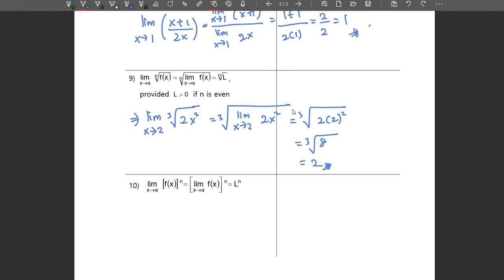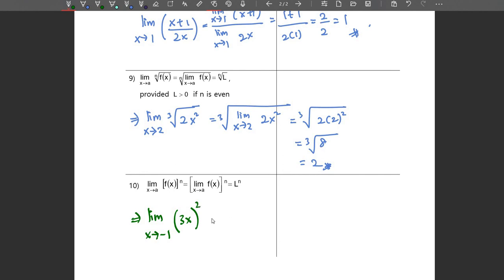And then the last one is this one. The limit of f(x) to the power of n as x approaches a can also be factorized like this, where the answer will be L to the power of n. For example, a simple example for you to look at: let's say we have the limit as x approaches negative 1 of 3x squared.